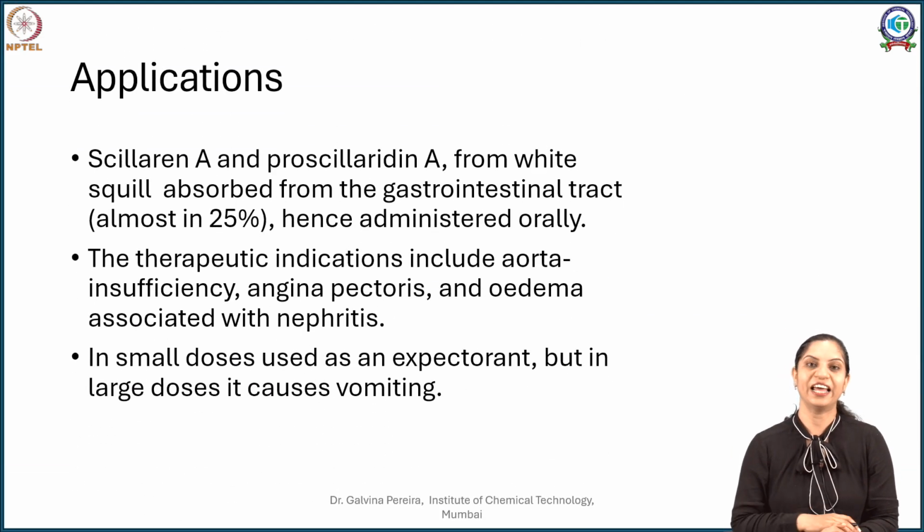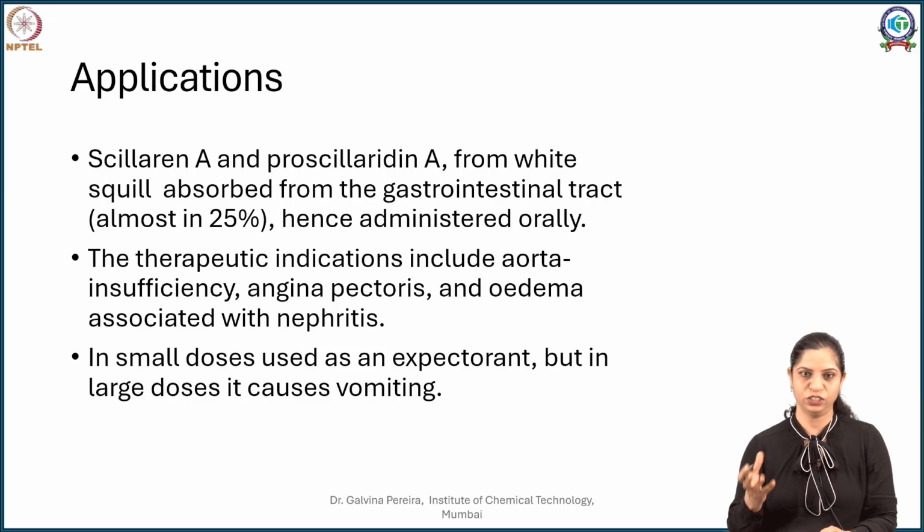Applications: scillarin or proscillaridin A, especially from white squill, which is the pharmaceutical one, gets easily absorbed from the GI tract and hence is given as an oral dose as a therapeutic in a number of cardiovascular conditions, including aortic insufficiency, angina pectoris, and edema associated with nephritis.